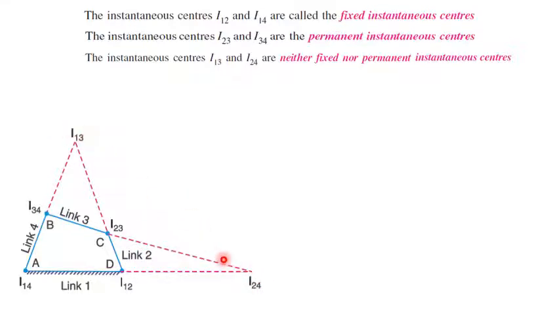Therefore they are called neither fixed nor permanent instantaneous centers. Another thing: for link 1 and 2, the instantaneous center is denoted by I12, for link 1 and 4 it is denoted by I14, similarly for link 3 and 4 it is I34, and for link 2 and 3 it is I23.